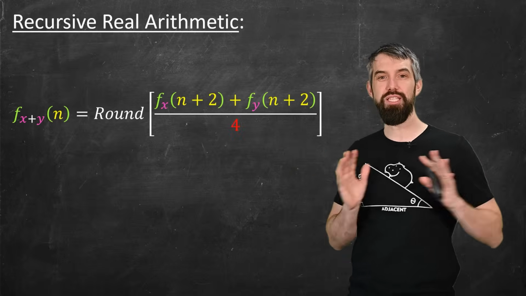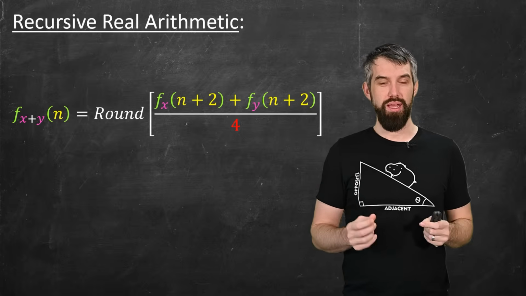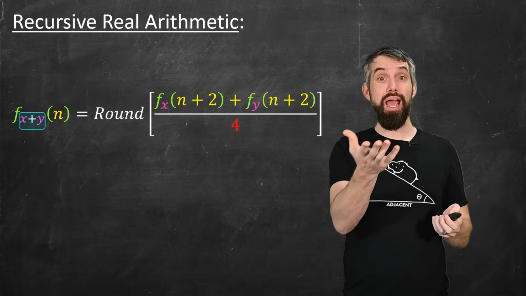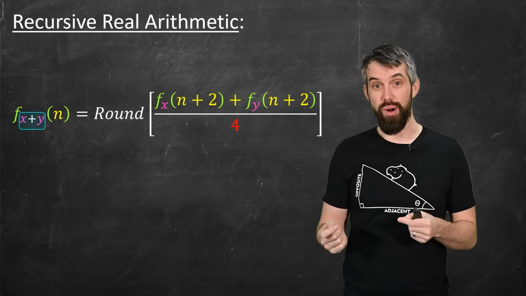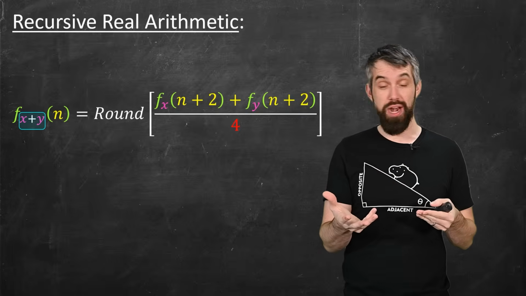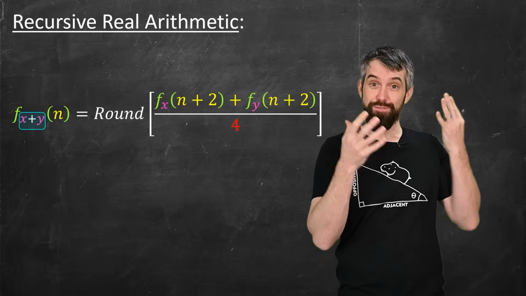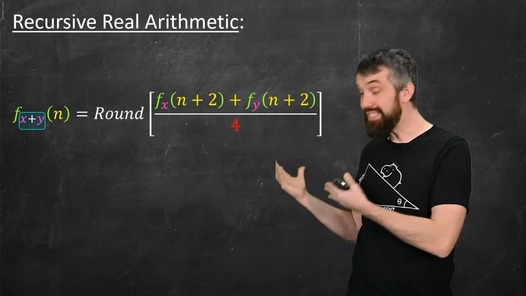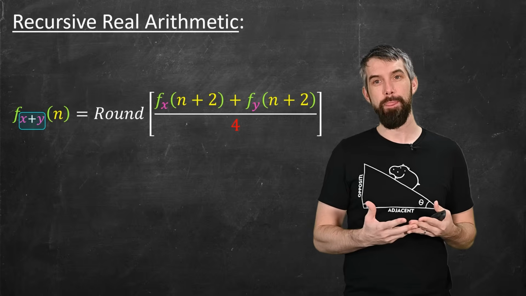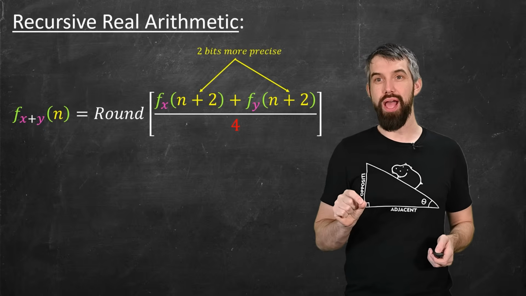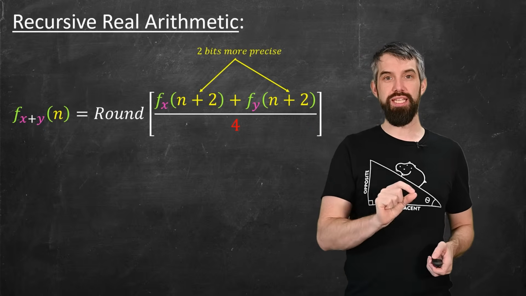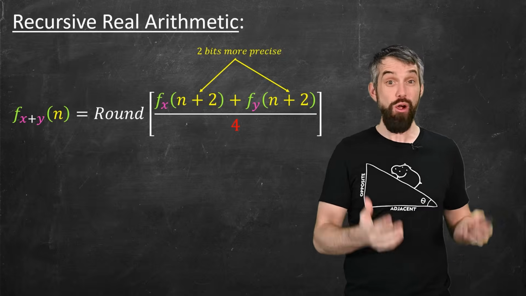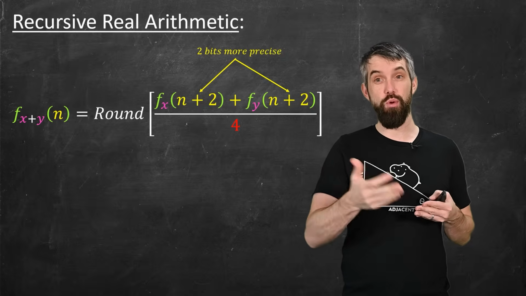Okay, it looks a little bit messy, but it's not so bad. Here's the argument. Suppose I have an x and a y. Now I want to figure out what number is x plus y. And remember, I'm representing the number x plus y with this function f sub x plus y. That's what I'm trying to figure out. We have set a particular precision of n. We're going to add f_x and f_y, but with more precision than we need for the output. We're going to do it 2 bits more precise.